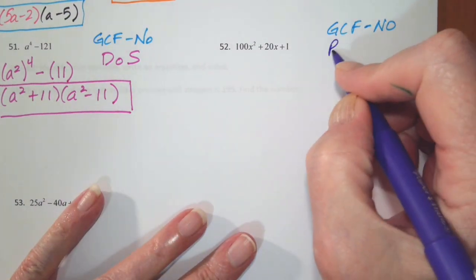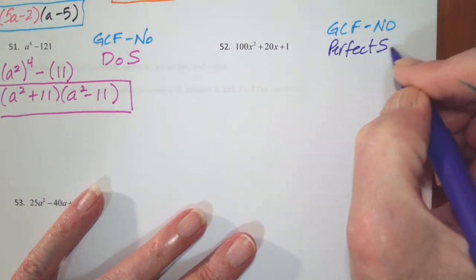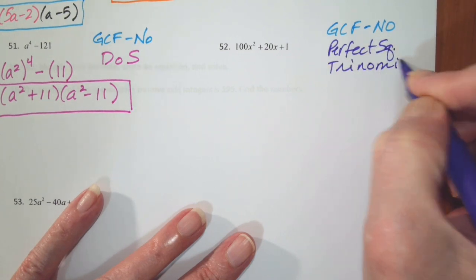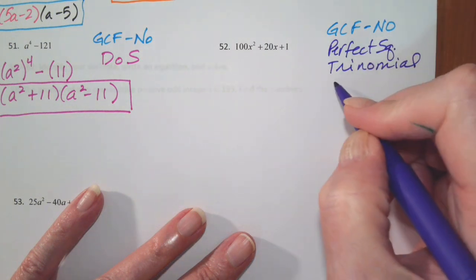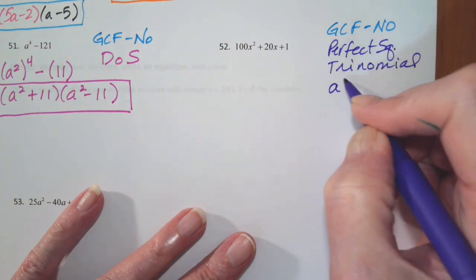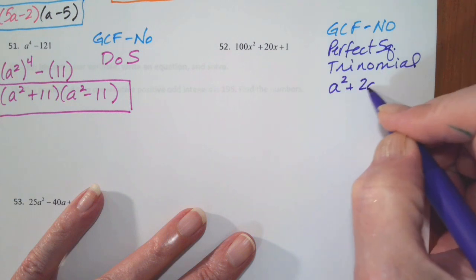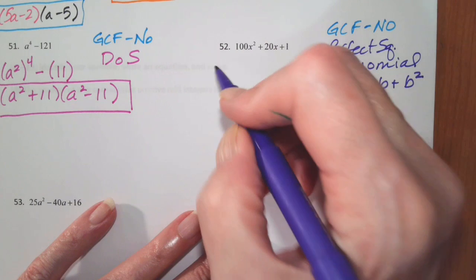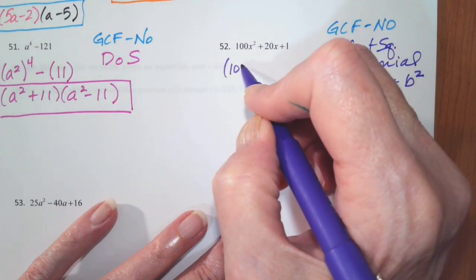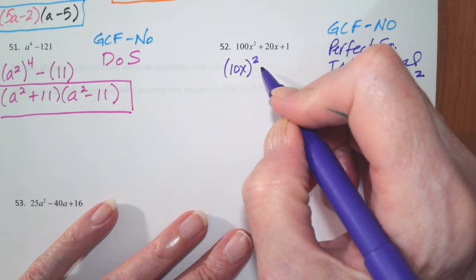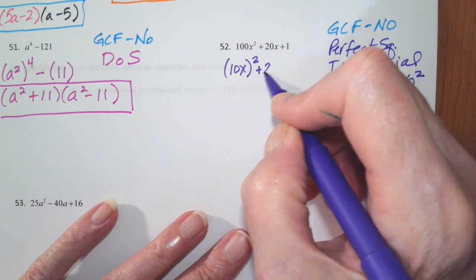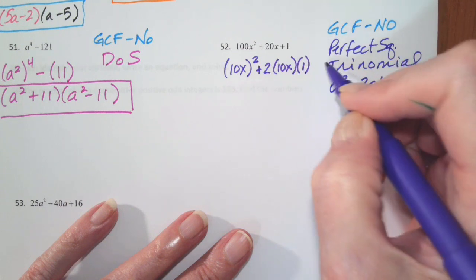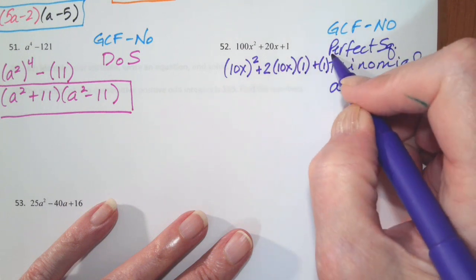So is it a perfect square trinomial? Which means, is it a squared plus 2ab plus b squared? Well, I can write this as 10x to the second plus 2 times 10x times 1 plus 1 to the second.